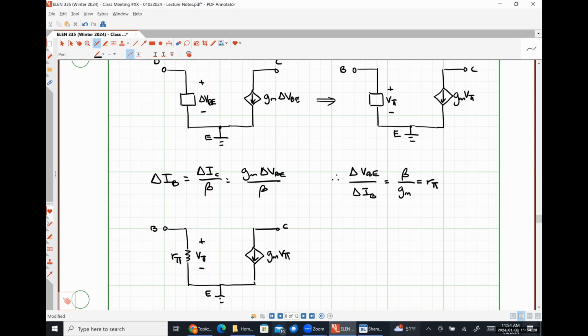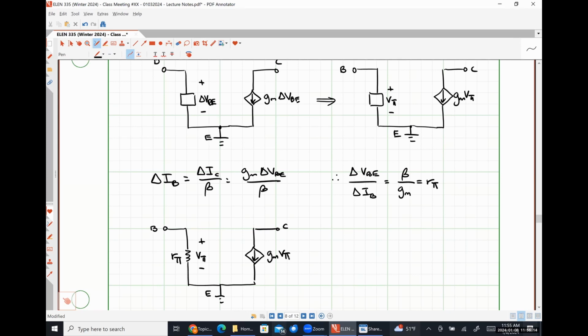Right now, our small signal model is completely independent of any changes in the collector emitter voltage. And the early effect shows us how our collector current changes in response to a changing collector emitter voltage. That's also going to have some effect on our small signal model, so we're going to wind up modifying it. So this is what we're going to use when the early effect is negligible or not present, and then we'll use the other model when the early effect is there. And like I said, we'll get into it in more detail on Wednesday.